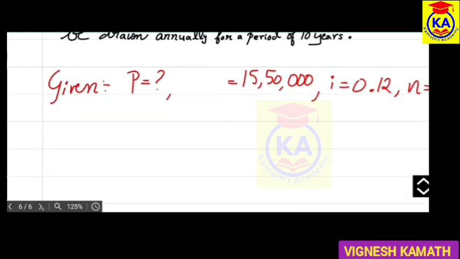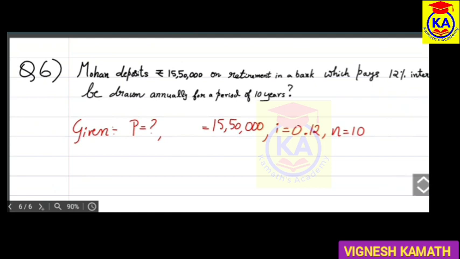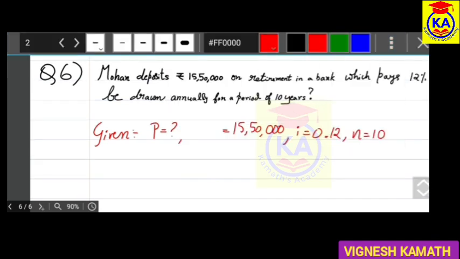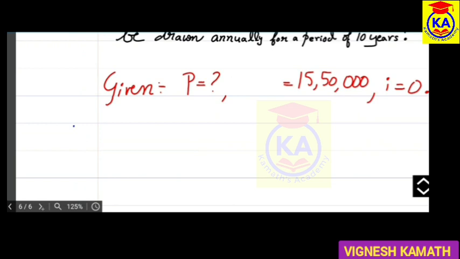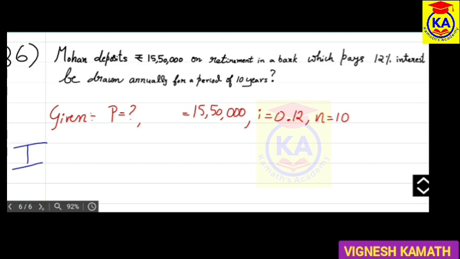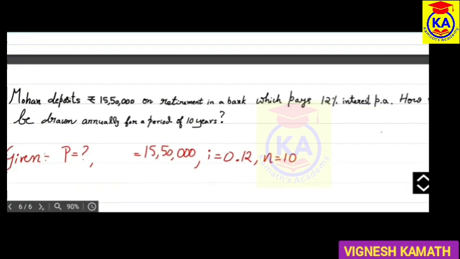Now the solution. In the first case you have to find whether this question belongs to present value of annuity or future value of annuity, the identification. Mohan deposits 15,50,000 on retirement in a bank which pays 12% interest per annum.